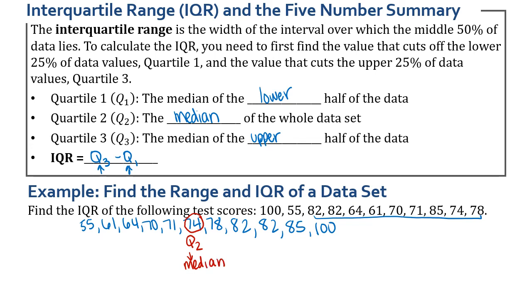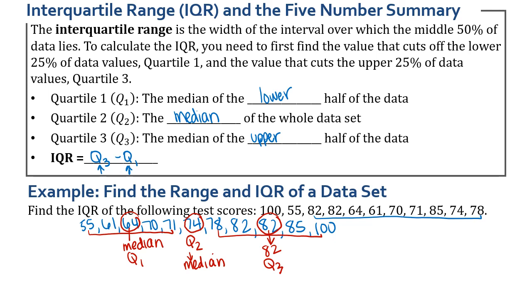All right, now I have my data split into a lower half and an upper half. Looking at the lower half of data, the median of that is 64, so that's our quartile 1. Looking at the upper half of data, the value that falls in the middle, or the median, is 82. So that's our quartile 3.